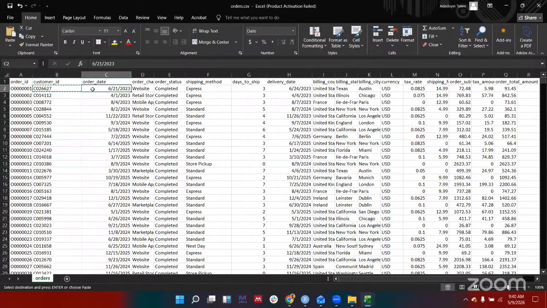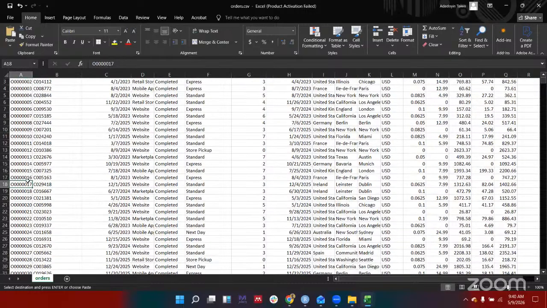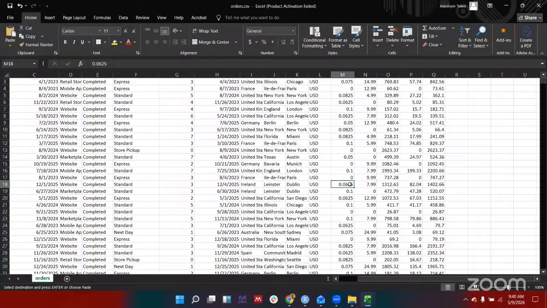But I don't need all of this information. The only thing I need about him is the customer ID in my organization. So if you look at order 17, who is that person that ordered? This is customer 29418. This is what the person ordered. This is the amount and everything.